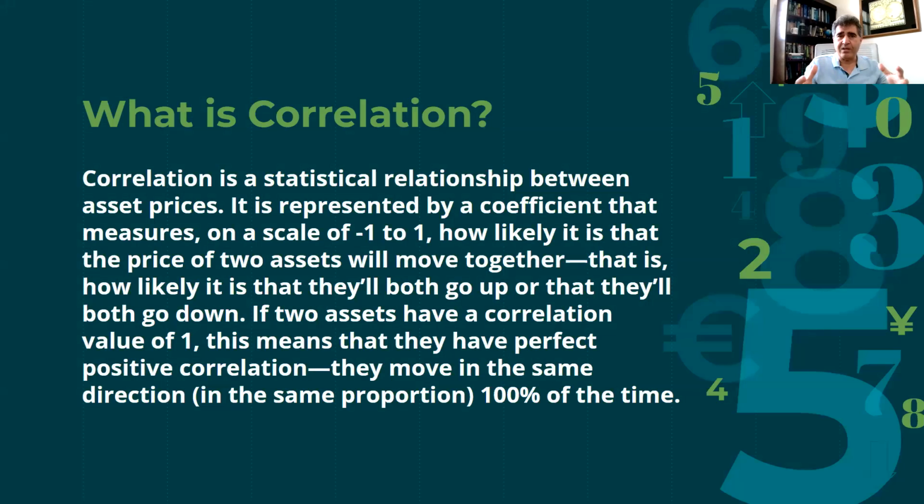Now, one thing you want to pay attention to is, again, that correlation plays a big role. You want to have assets that are very much related to each other.